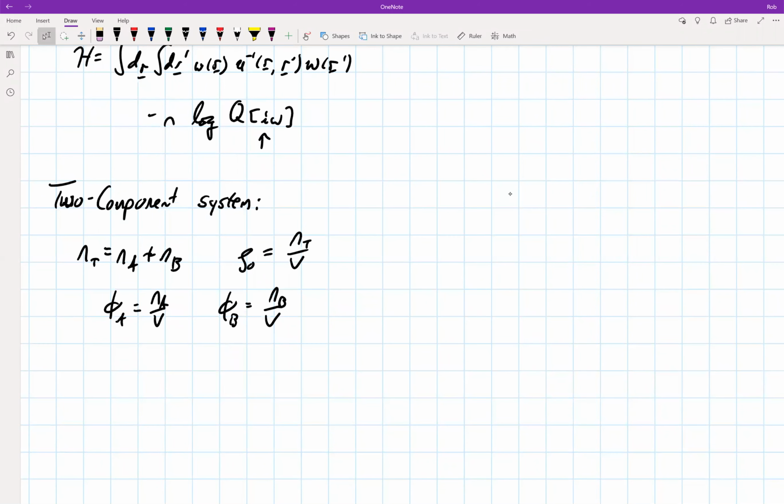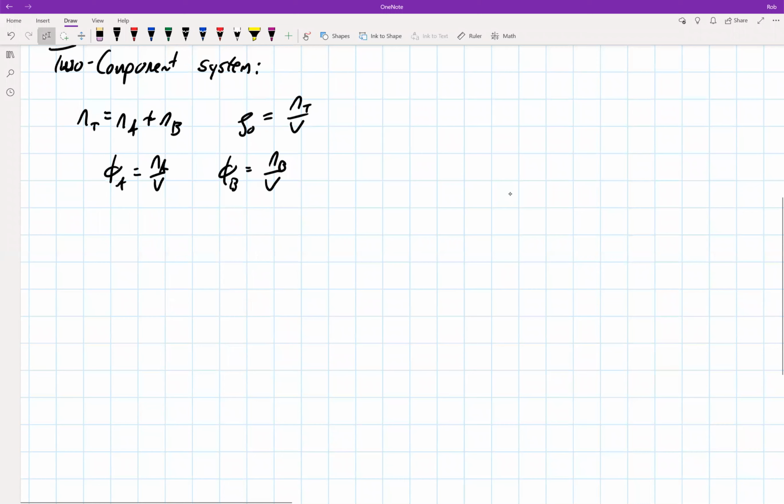Last time we started by defining the microscopic density operator, this rho hat, and now because we have 2 components, we're going to have 2 of those operators. We will have a rho hat A of r, which is just the sum over all of the A particles of delta of r minus r_j.